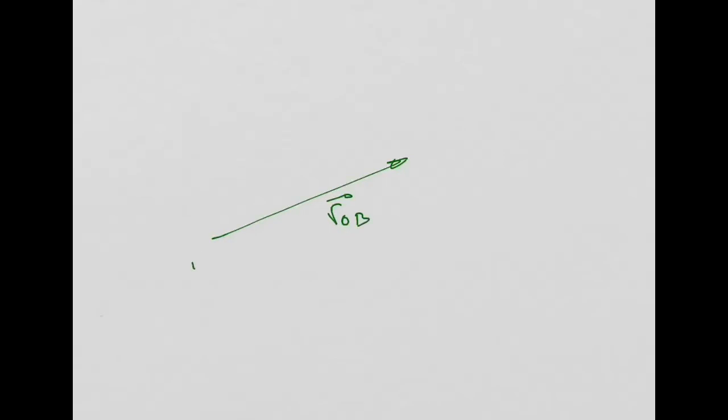connecting point O with point B, and you have this vector which is ROA. And then what we want to do is ROA minus ROB.